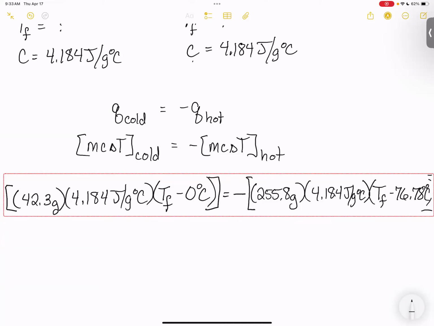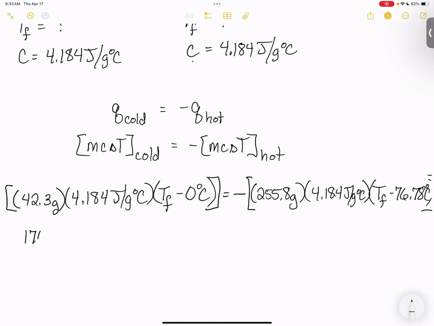Okay, I multiply 42.3 by 4.184, and I get 176.98, and that is going to be joules per degree Celsius times T final minus T initial, which was 0 degrees Celsius.